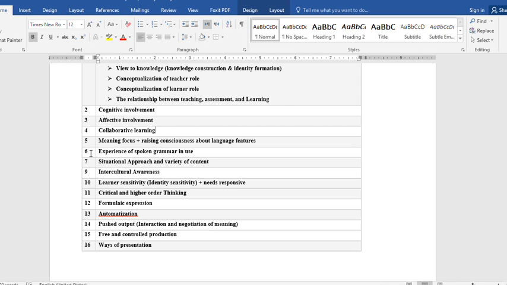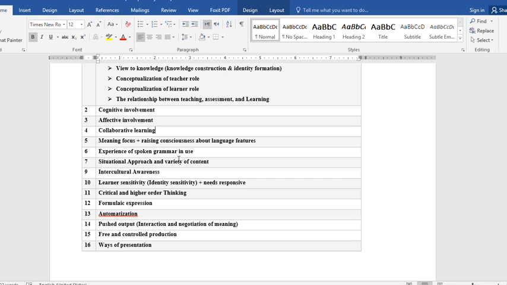Okay. Number 6, experience of a spoken grammar in use. What is important is that a spoken discourse, a spoken grammar, is different from written grammar. Because students learn language to speak and listen, and they learn language to read and write. But unfortunately, in foreign language countries, especially in the Iranian context, the only grammar used in the textbooks is written grammar.